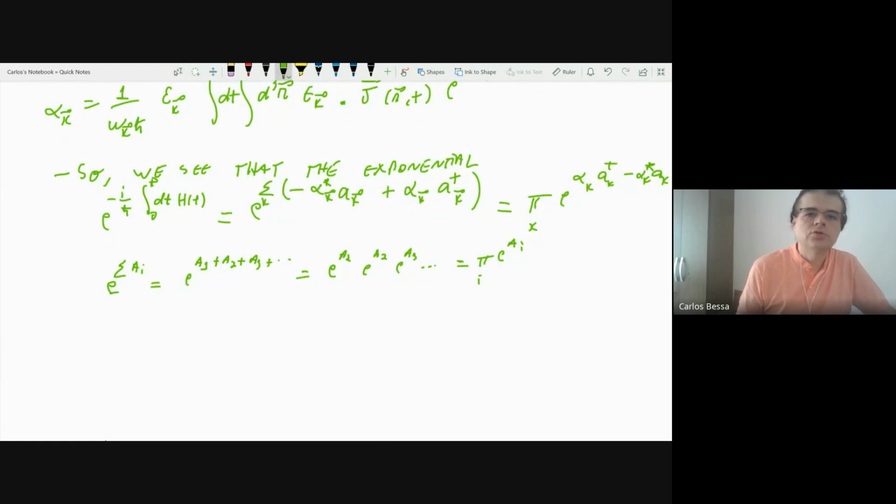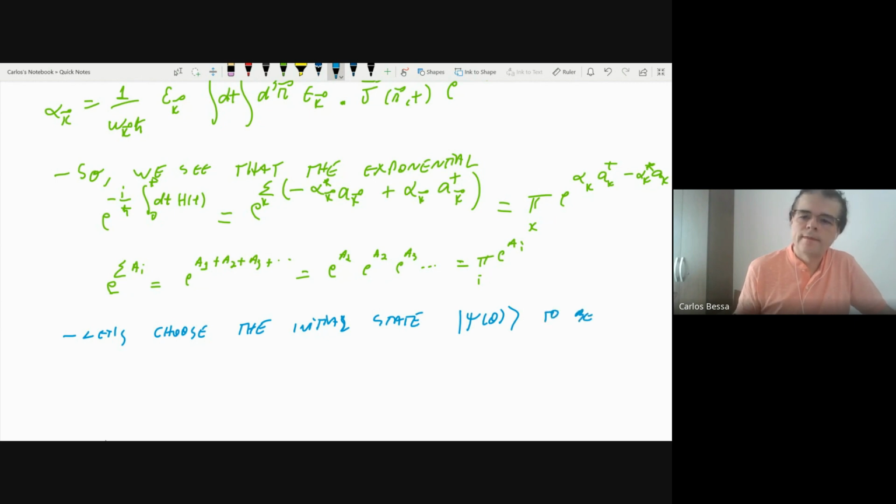Okay, so let's choose the initial state psi of 0 to be the vacuum. I'll call it 0, the ground state, right?